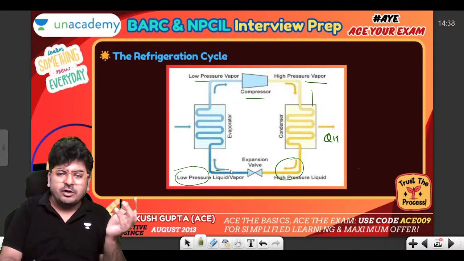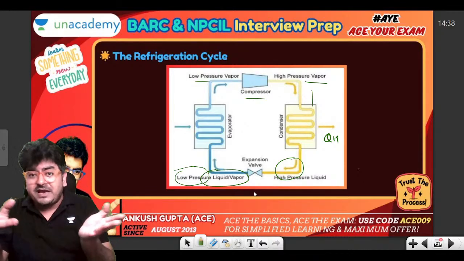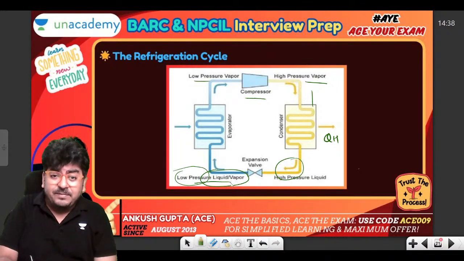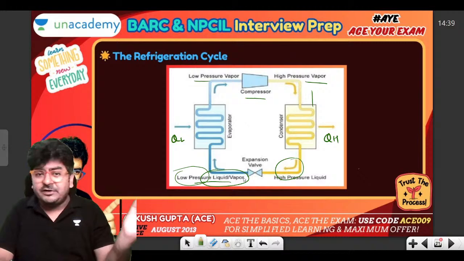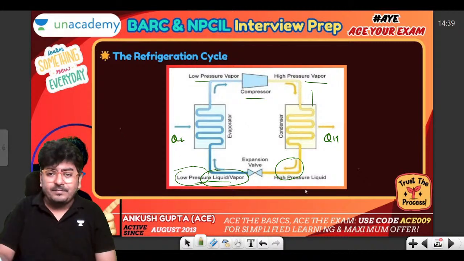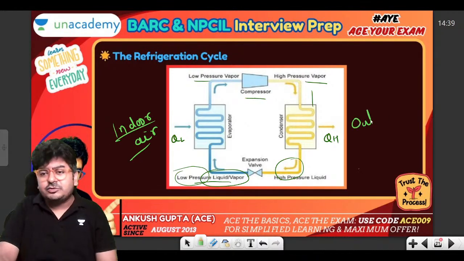So low pressure liquid or vapor mixture, I told you, it could be a mixture of liquid and vapor as well in reality. So this low pressure vapor and liquid mixture enters the evaporator where it takes the heat QL from the indoor air and rejects it to the outdoor air.